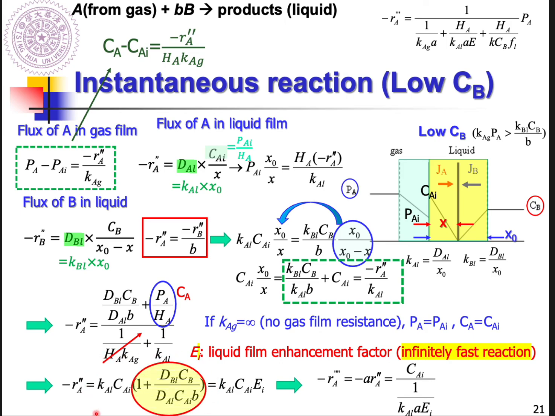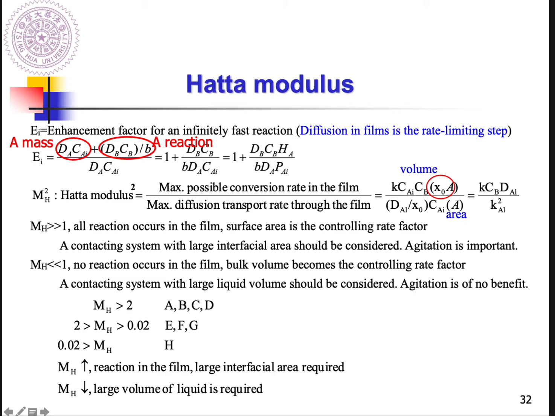And what is this term? Actually, this is EI, the liquid film enhancement factor at instantaneous reaction, or at infinitely fast reaction. But why? In order to persuade you this equals EI, let's check page 32.